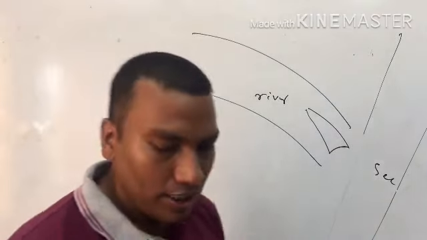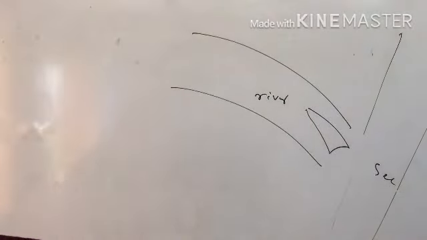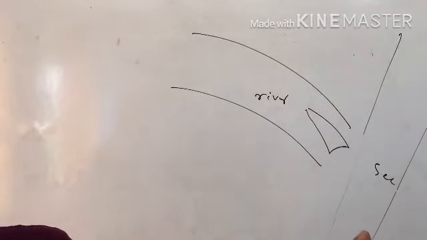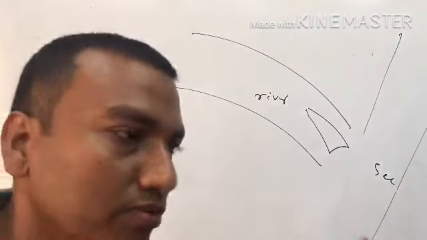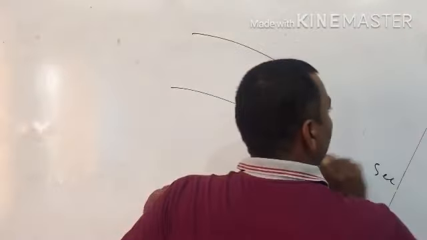So you will write like this: the colloidal solution of clay in river water, and sea water contains a number of electrolytes. When river water meets the sea water, the electrolytes present in sea water coagulate the colloidal solution, forming a delta. Clear now? This is the meaning of formation of delta.